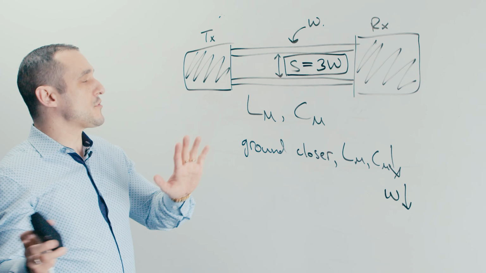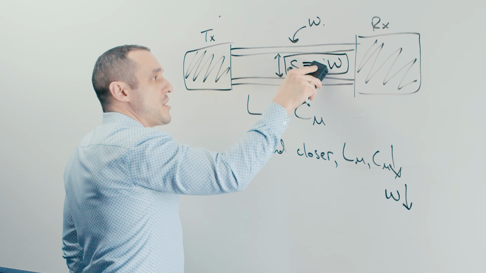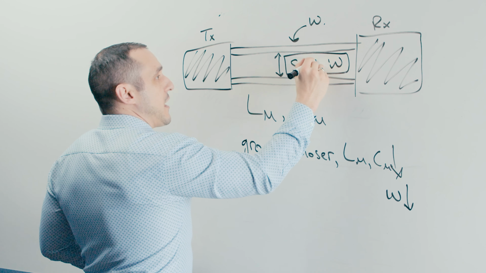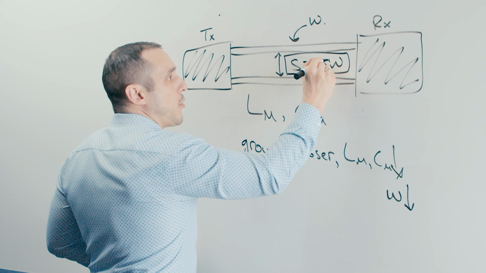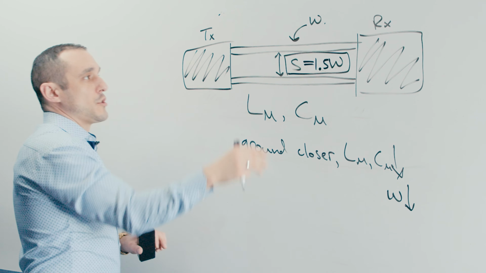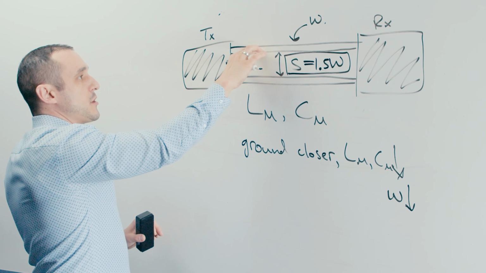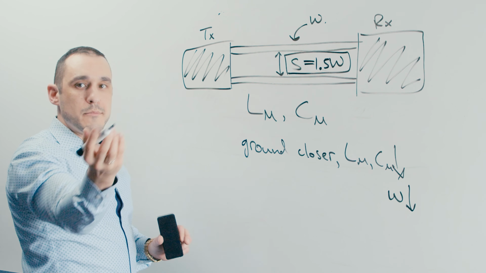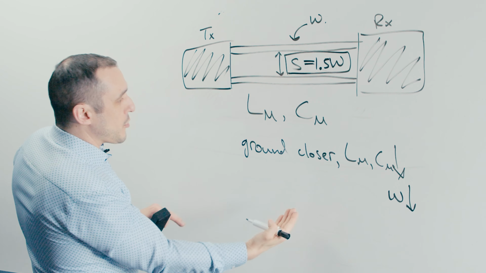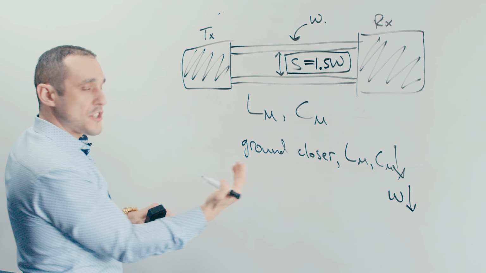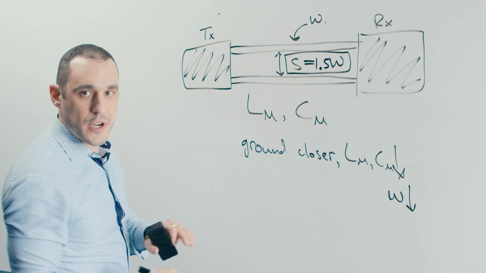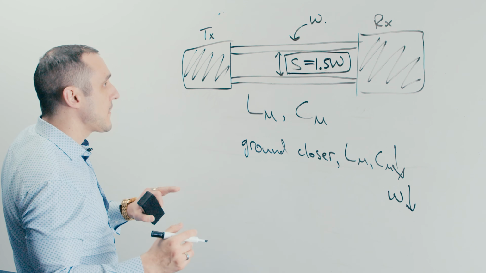Now let's just suppose for a moment that we have a situation where we're routing traces like this. We started out with a value of S equals, let's say, 1.5W, okay? So for example, we started with a 6 mil trace, a 6 mil trace, and then our edge-to-edge spacing was 9 mils, okay? If we bring the ground closer, we're going to start to see an increase in crosstalk if we maintain this constant spacing value, okay?